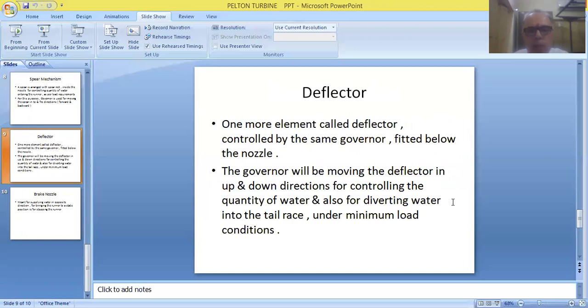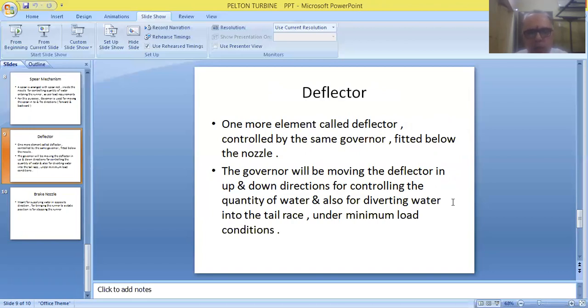And we have also talked about the deflector. The deflector is fitted below the nozzle. It is one more element that is controlled by the same governor. The deflector will be moving in upward and downward directions.